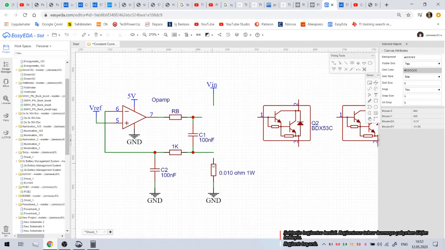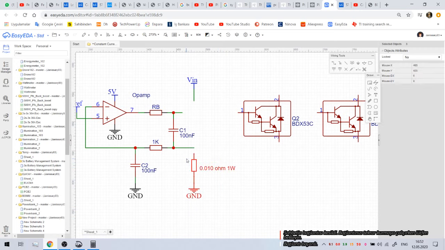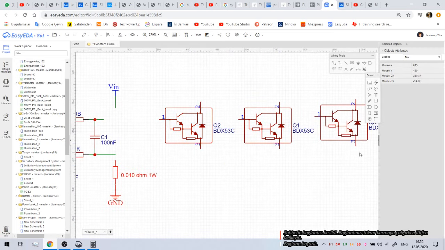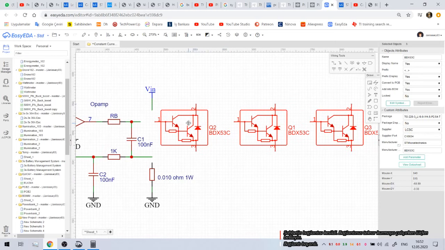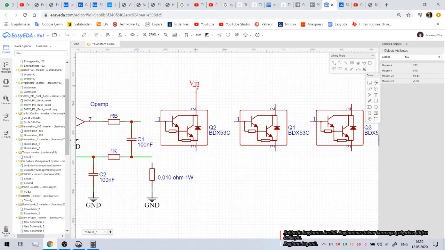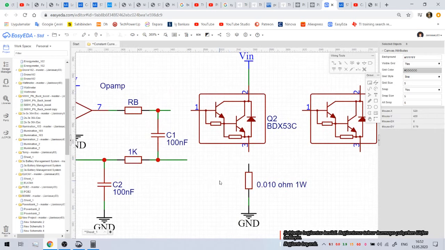Yes, it's enough. This is only a schematic. We can also build some PCB on this site. You can do as you wish.